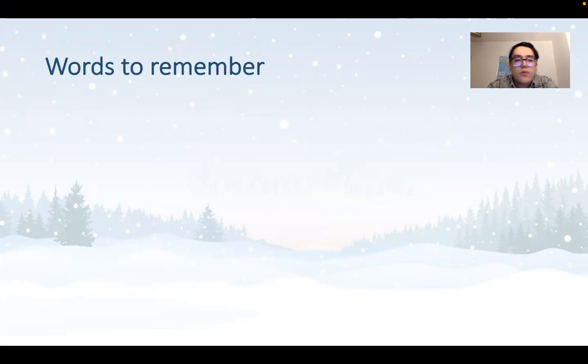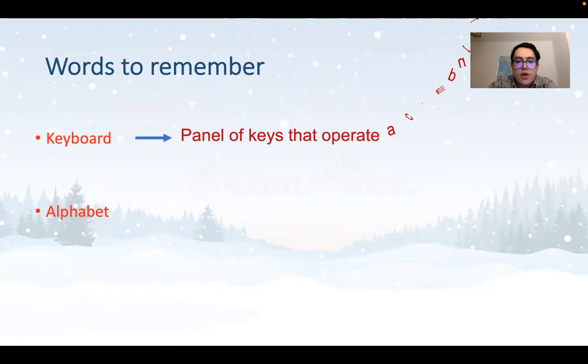So first, I would like you to remember these words. Keyboard. I hope by now you know what a keyboard is. If you do not know, it is a panel of keys that operate a computer or typewriter.